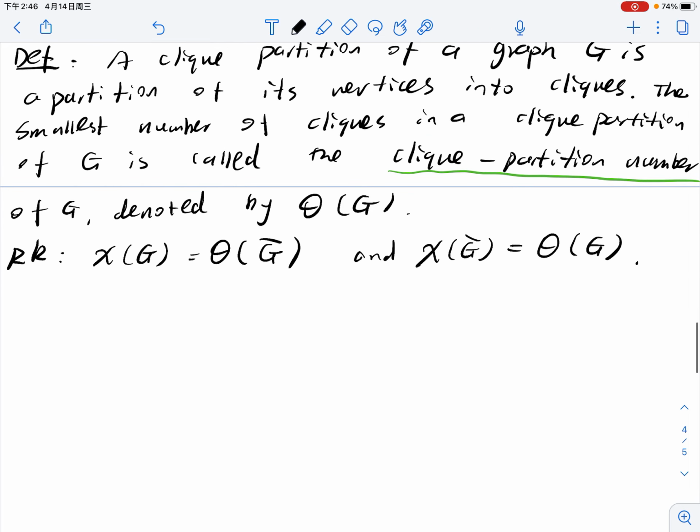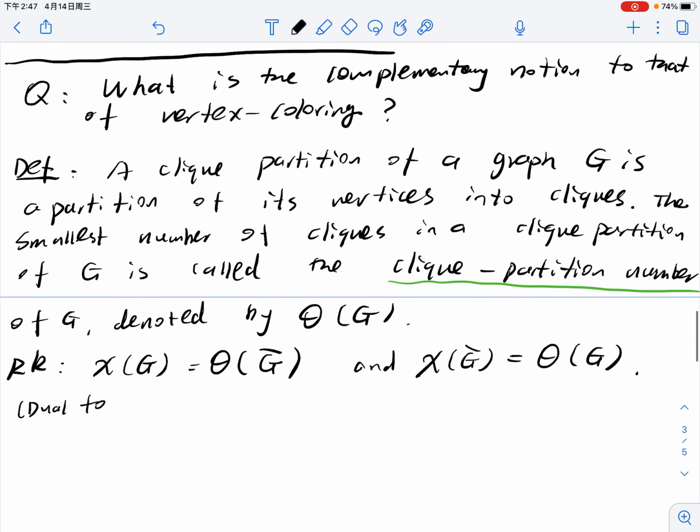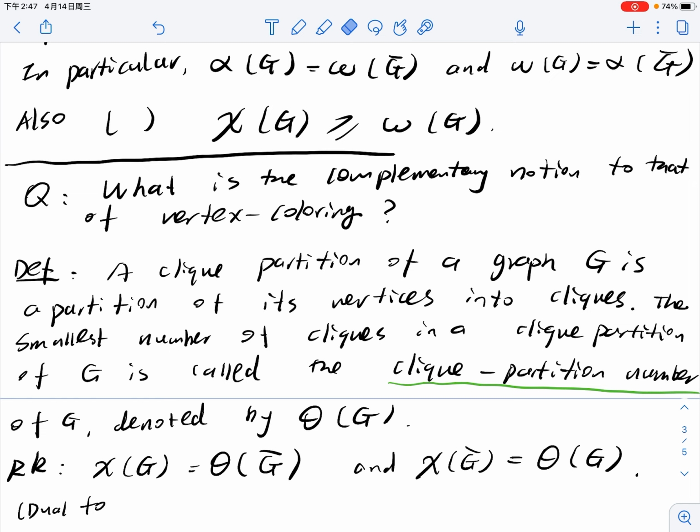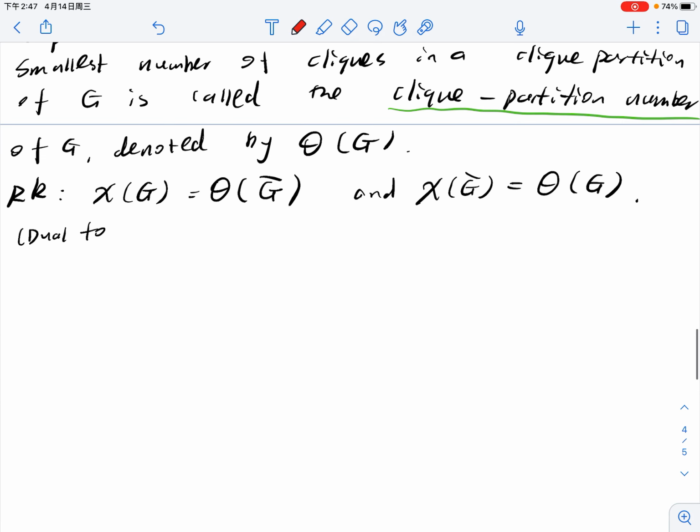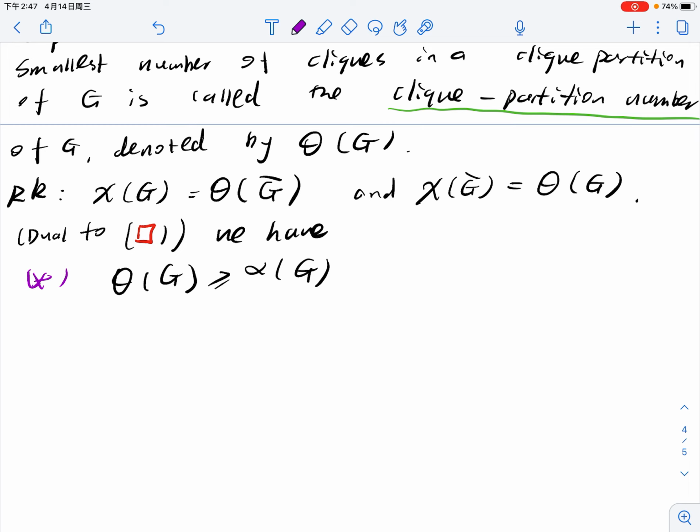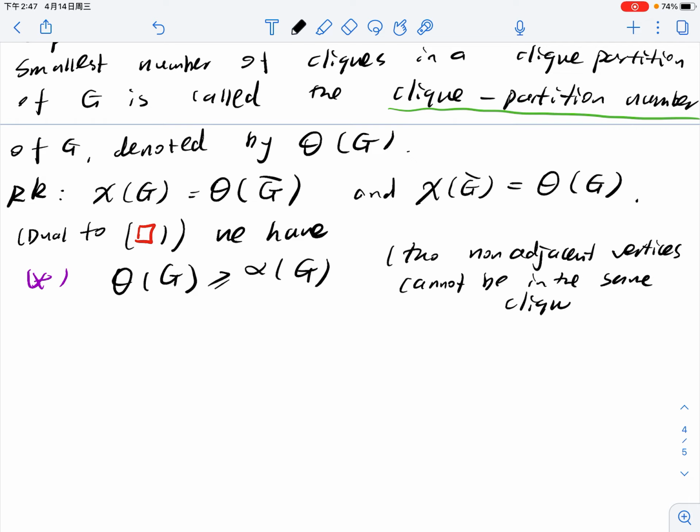And due to the box here, we have theta G is greater than or equal to alpha G. A geometrical explanation for this is that two non-adjacent vertices cannot be in the same clique.